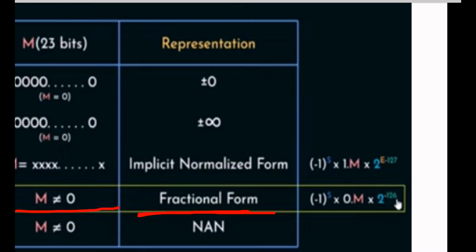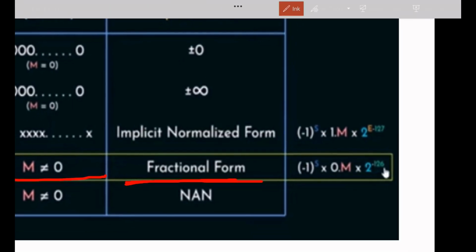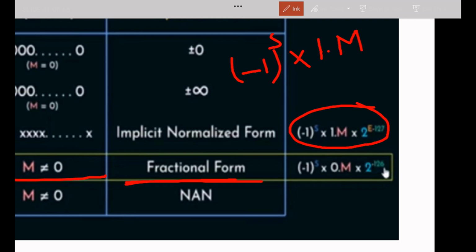And if you have any doubt, you can see one thing here. Actually this is our standard representation of the floating point: minus 1 to the power s into 1.mantissa into 2 to the power e minus bias, where bias is 127 for single precision.